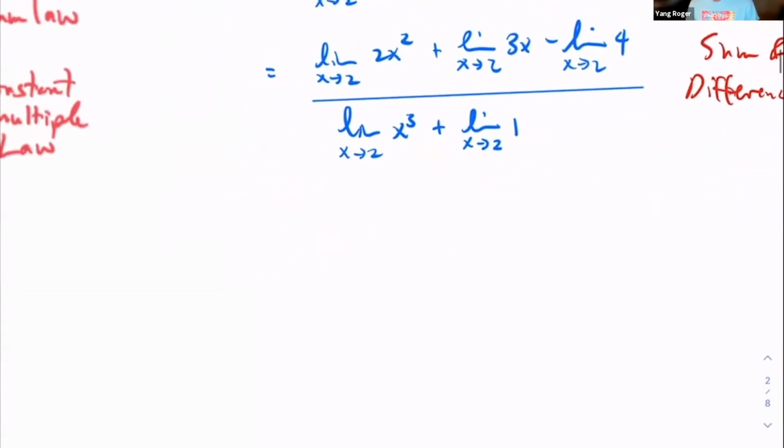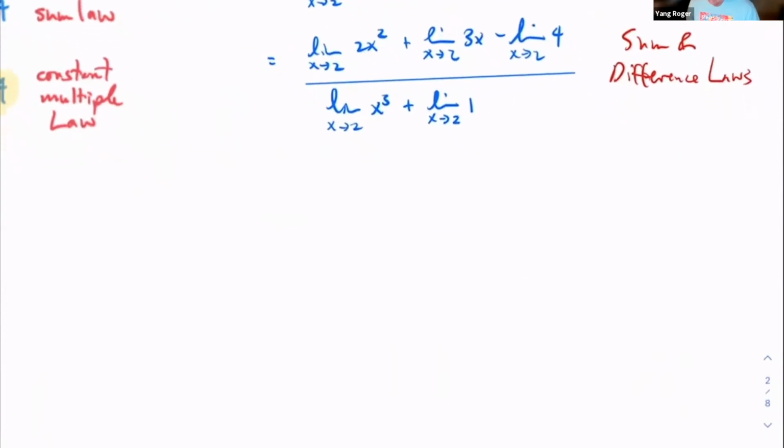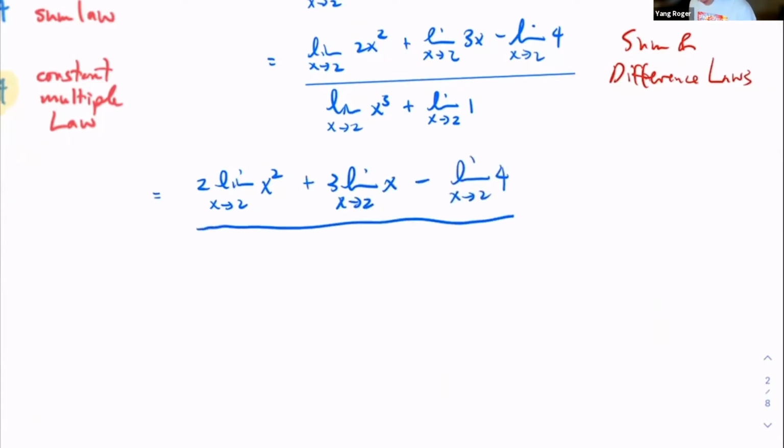Okay. So my next step here, I would write, this is going to be 2 times the limit as x goes to 2 of x squared plus 3 times the limit as x goes to 2 of x minus the limit as x goes to 2 of 4, all divided by, and you know what, I'm going to save the power law for the next step, Cynthia.